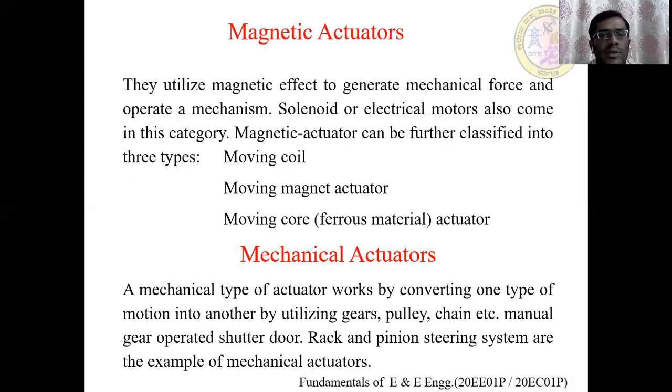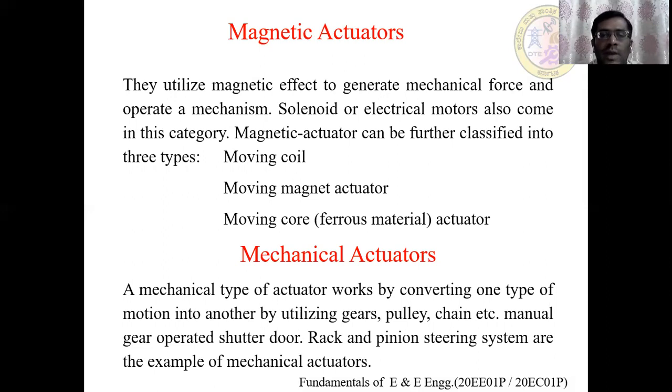The magnetic actuators utilize the magnetic effect to generate the mechanical force and operate a mechanism. Solenoid or electrical motors also come in this category.